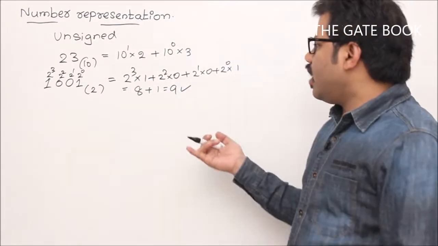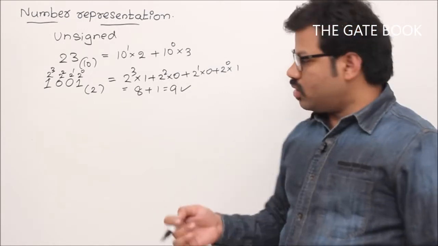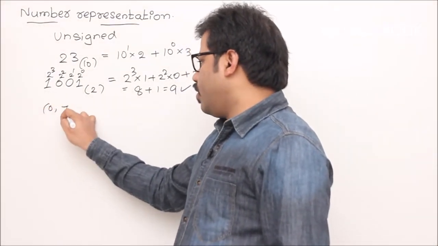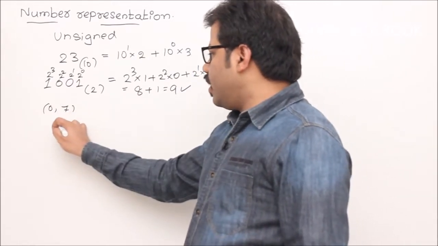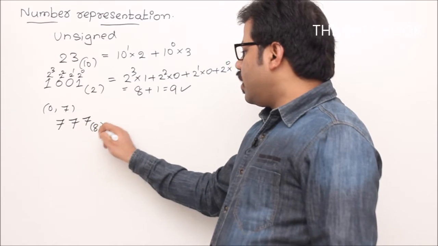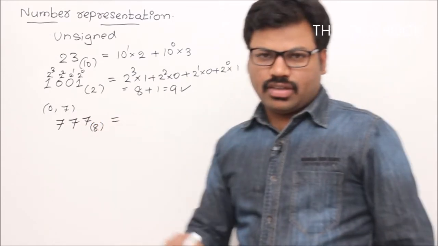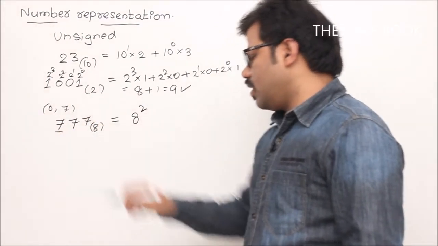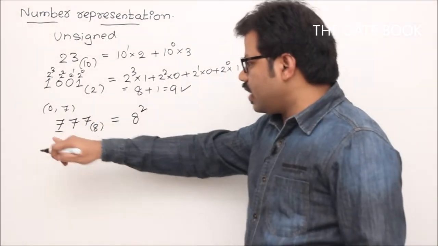Similarly, we can represent numbers in octal also. Example, in octal we will have digits 0 to 7. If you have a number like 777 in octal, what does it mean? How to convert it into decimal? Same idea. 8 to the power of 2, this position represents 8 square.